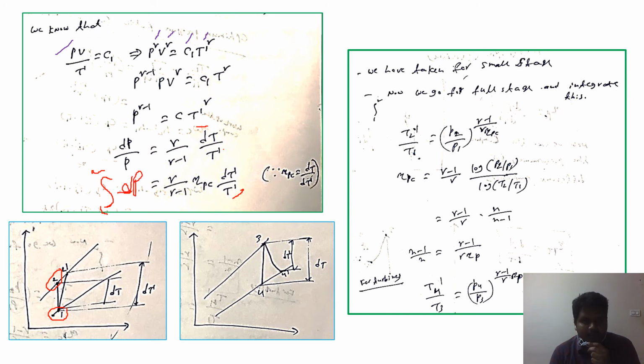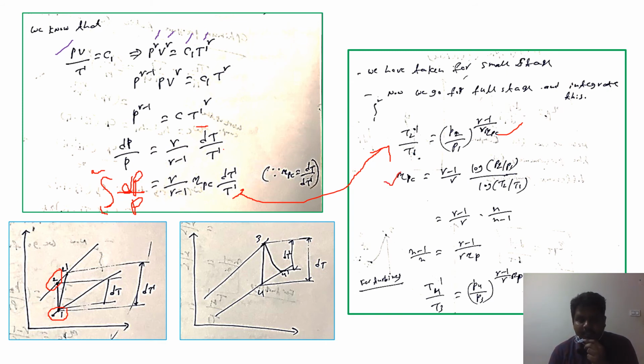dP by T, after integration this equation would be T2 dash divided by T1 equals to P2 by P1 whole power gamma minus 1 by gamma into isentropic efficiency for small stage.